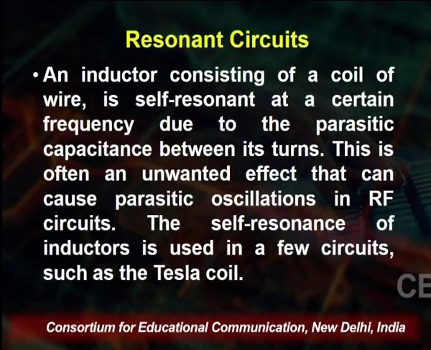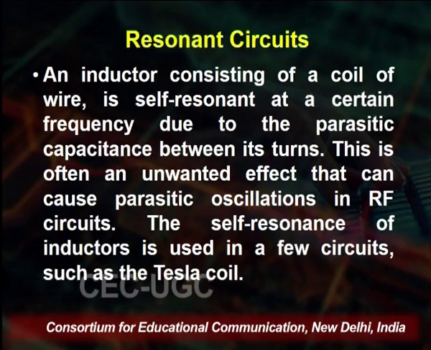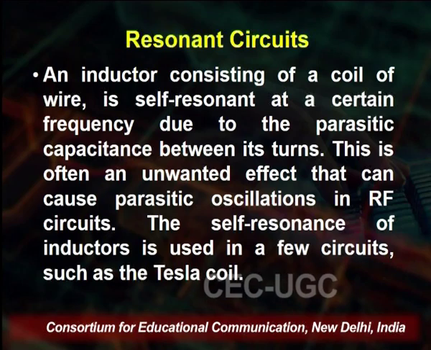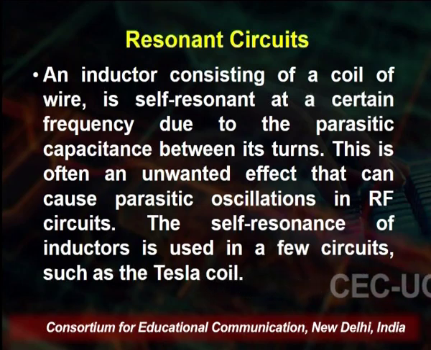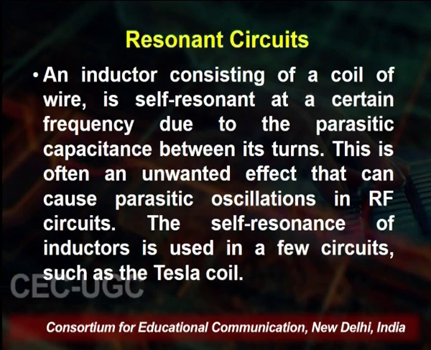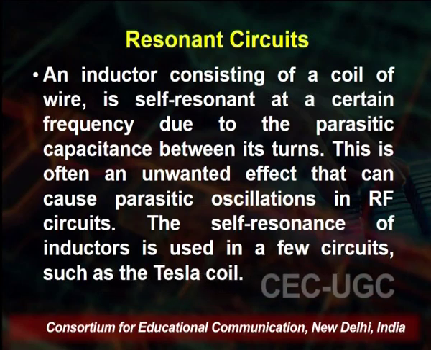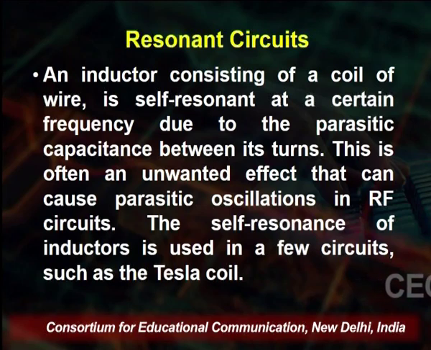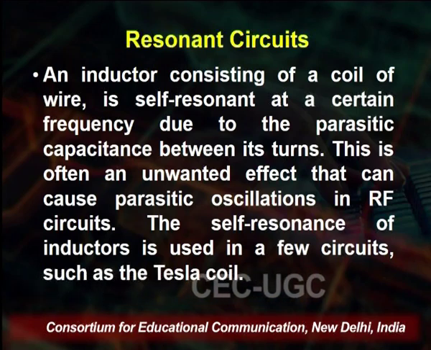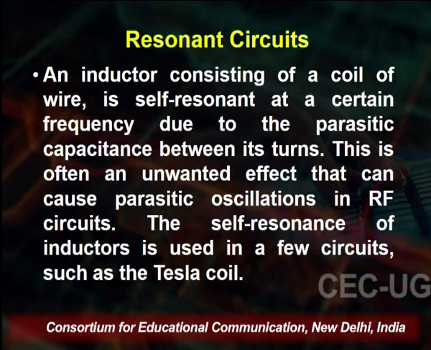An inductor consisting of a coil of wire is self-resonant at a certain frequency, which is due to the parasitic capacitance between its turns. As we have turns, we can find the self resonance in it, and this is often an unwanted effect that can cause parasitic oscillations in RF circuits.